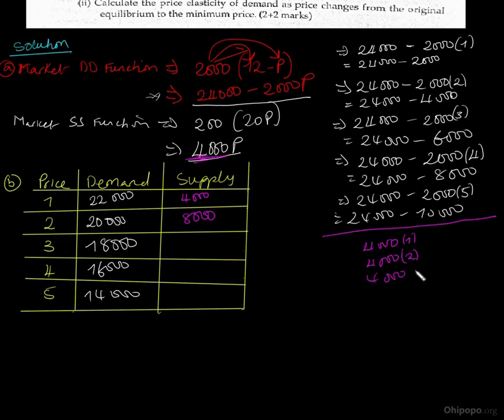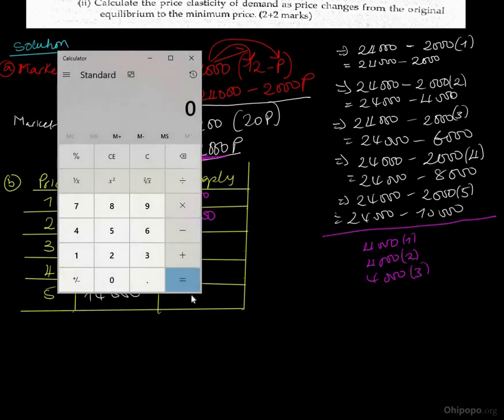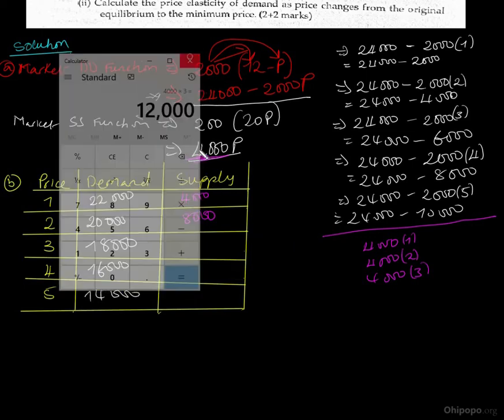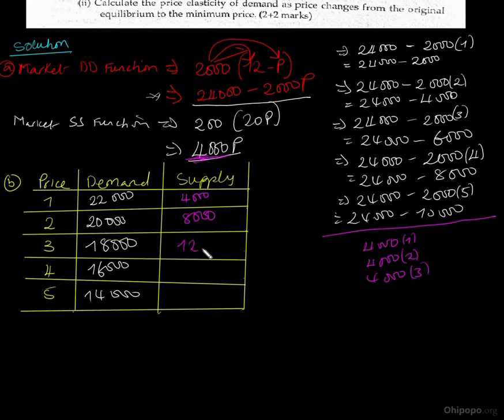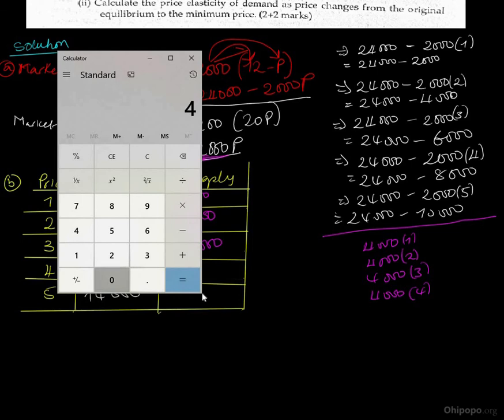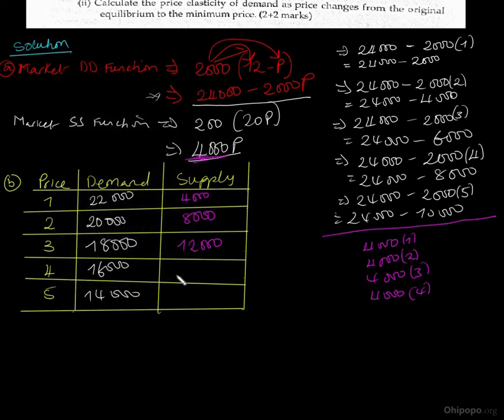At price 3, I hope you are following me carefully, 4,000 times 3 is equal to what? 12,000. Now at price 4, 4,000 times 4 is equal to 16,000.